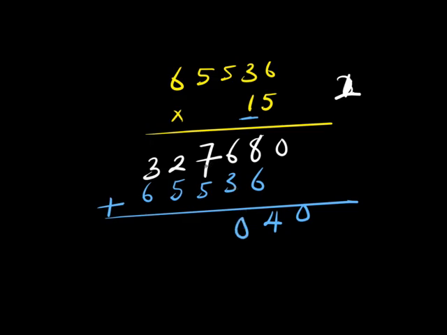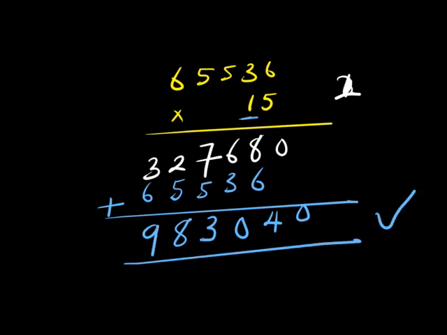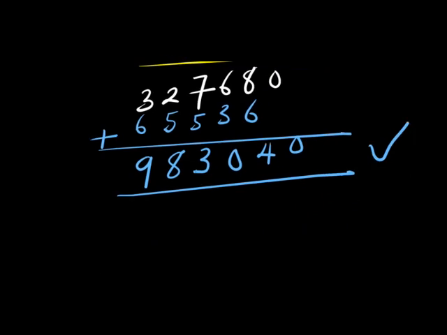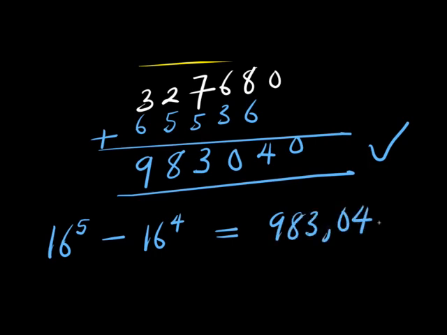Add here, 8 plus 5, 13, 3 over 1. Add here, 3, 3 plus 5, 8, 3 plus 6, 9. This is what we are getting. For 16 power 5 minus 16 power 4, we are having 983,040.